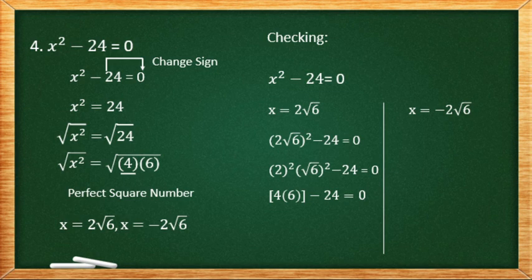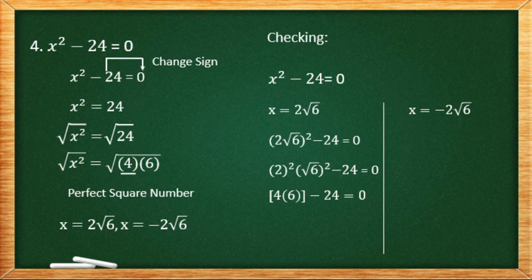Applicable lang to kapag ang radical sign mo and the exponent is 2. Tandaan na, radical sign, the square root times exponent of 2 is equal to 1. Okay, kapag ang radical sign mo ay square root, then the exponent 2, 1 half times 2 is equal to 1 lang yan. Kaya parang nawala.